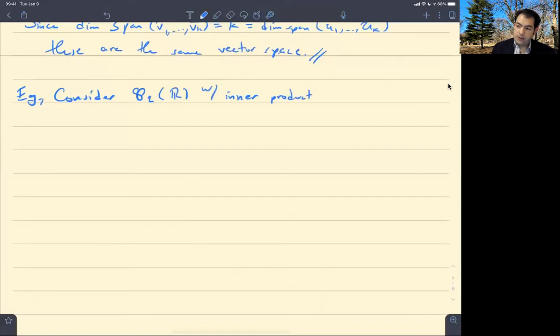Let's use the inner product where you integrate between 0 and 1, f of x times g of x. If I were working with complex coefficients, I would put a conjugate over g of x. But since we're working with real coefficients, I don't need it.